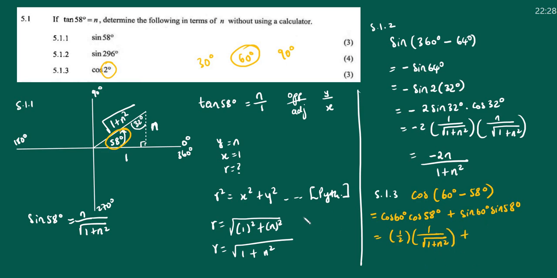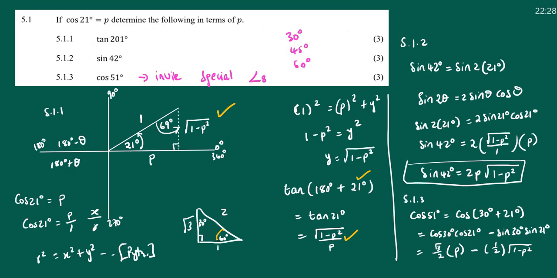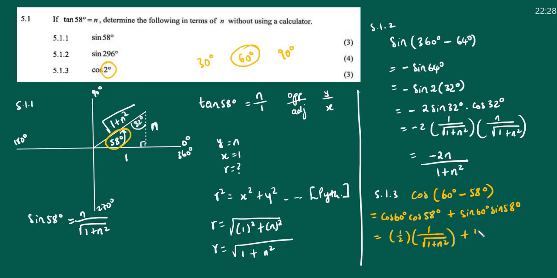And then sine 60 would be the root of 3 over 2, and then you will have sine 58 is going to be n over the root of 1 plus n squared. Then you're good. The rest is just to simplify.